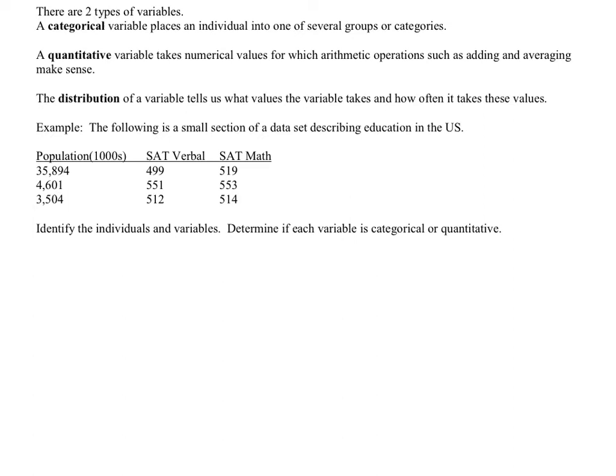All right. So what are my individuals? See, when you're given the data like this, it's not always as cut and dried when you look at it. There's a lot of stuff going on in this table, even though it just seems like numbers everywhere.